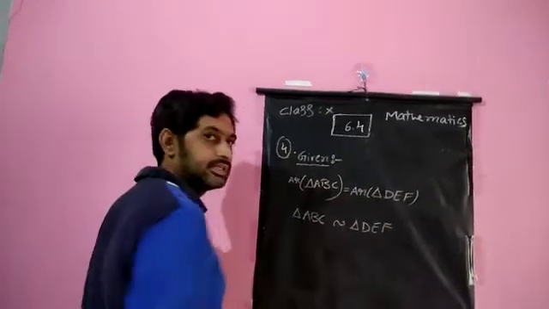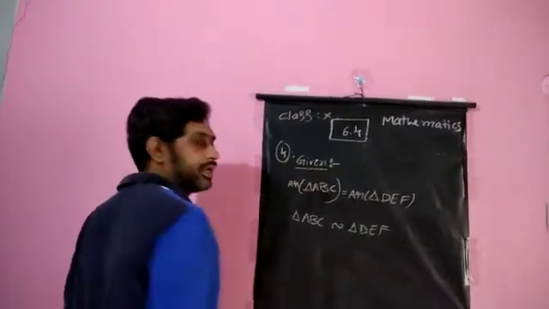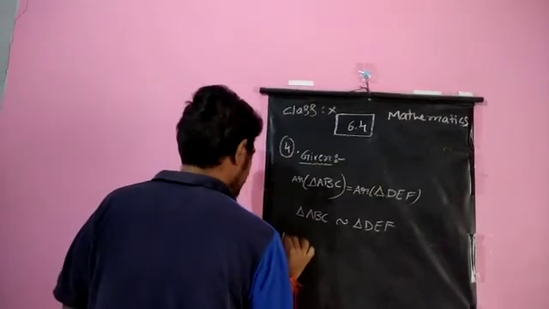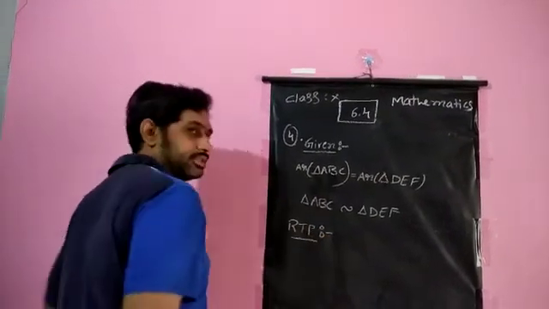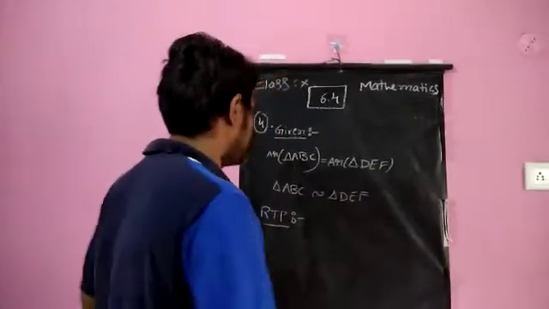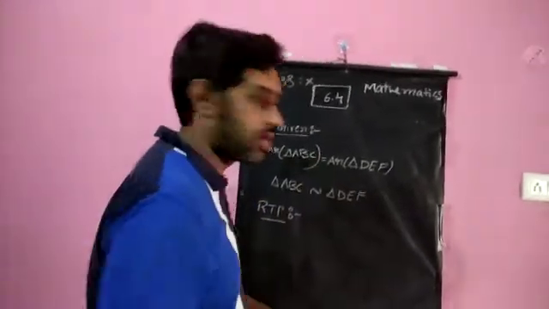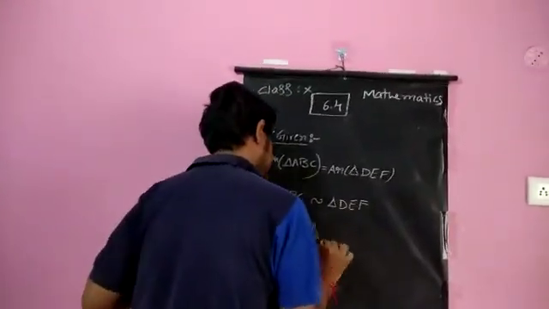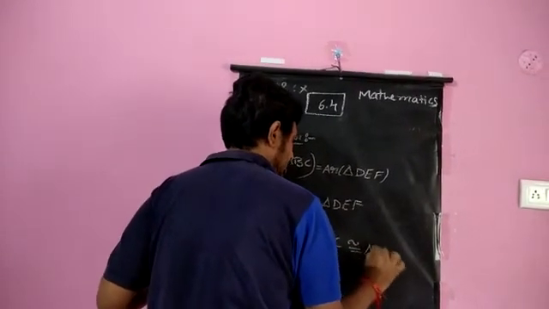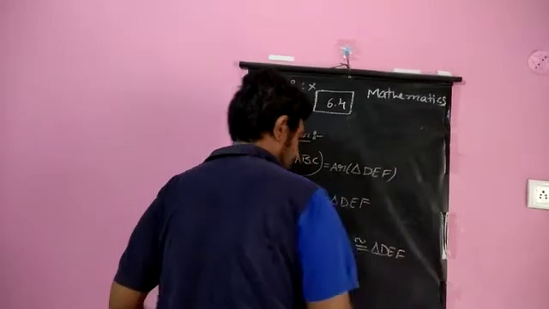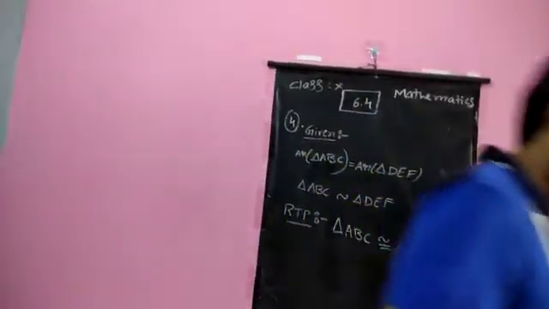These two triangles are similar and their areas are equal. What we need to prove is that they are congruent. That means I need to prove that triangle ABC is congruent to triangle DEF. This is my RTP according to the question.